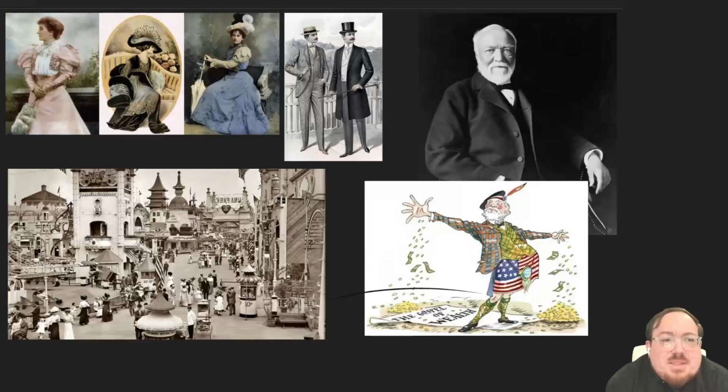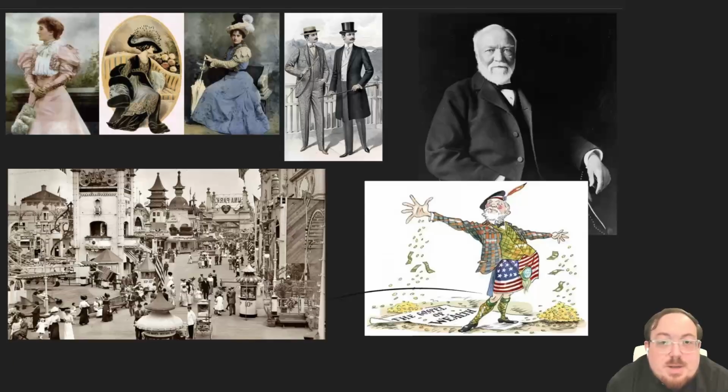You have in the bottom left an image of Coney Island, where again people could go and ride rides, play games, and spend time with their family. Especially important for this new growing middle class. And on the right, you have Andrew Carnegie, the great philanthropist, who became the richest man in the world, and then realized I should probably do some nice things because all I've done for my entire life is be a horrible person.